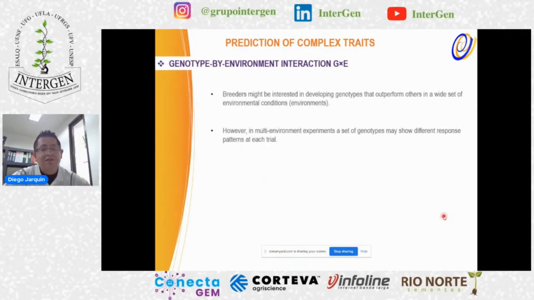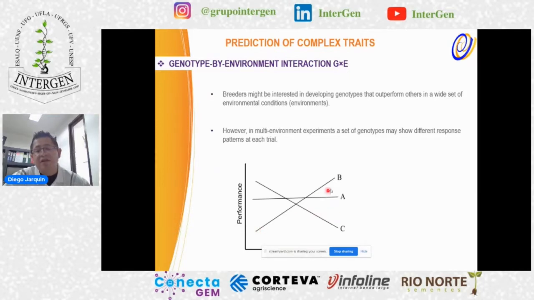Again, the breeders are interested in developing genotypes that perform well in a wide set of environmental conditions, and for that reason they have to test genotypes in multiple environments. However, in many cases we experience this type of behavior. In this example, we have 3 genotypes tested in 2 environmental conditions, where genotype B has a low performance in a low environment and a high performance in a high environmental value.